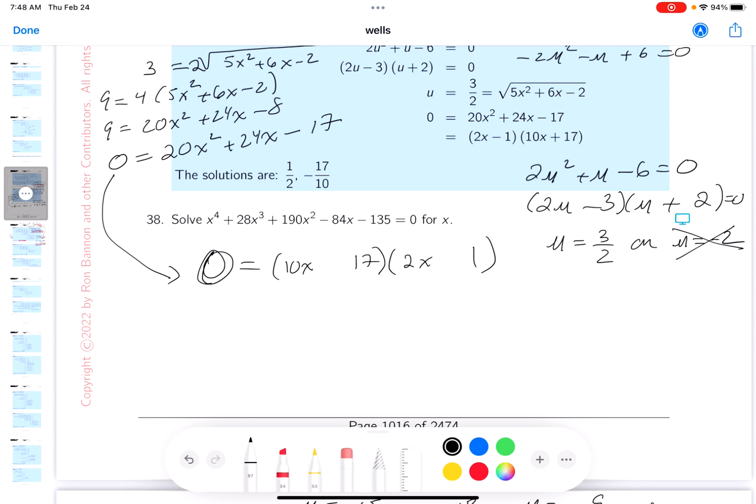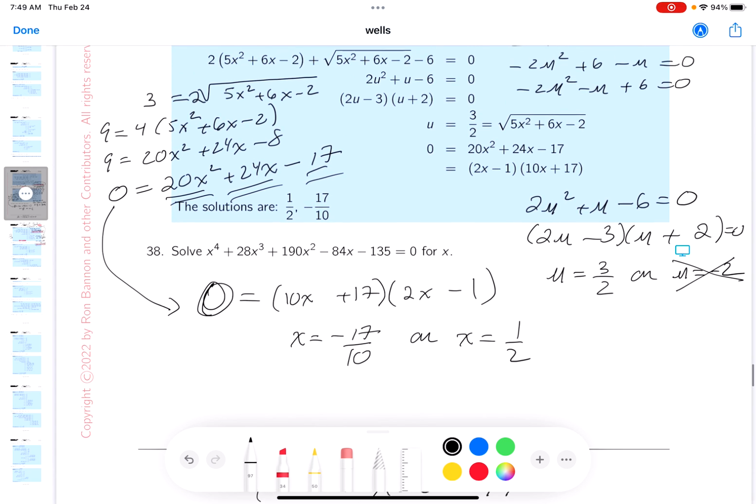I got to get 24. So this would be plus and minus. But I'm not saying it's going to work. I have to try it. You get 20x squared. Bingo. You get minus 20 and 34, which is 24x. Bingo. And you get minus 17. So what do you get over here? X equals minus 17 tenths, or x is equal to 1/2.